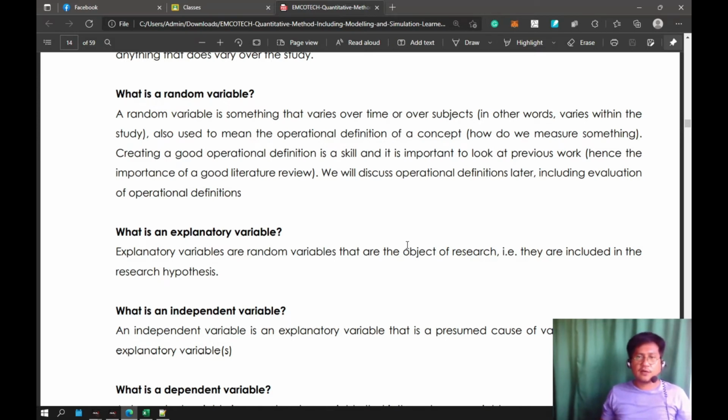That is a random variable. It is not like the constant that will never be changed.